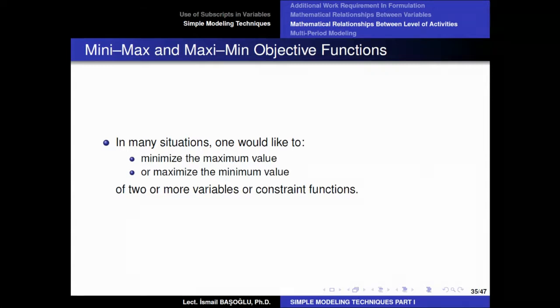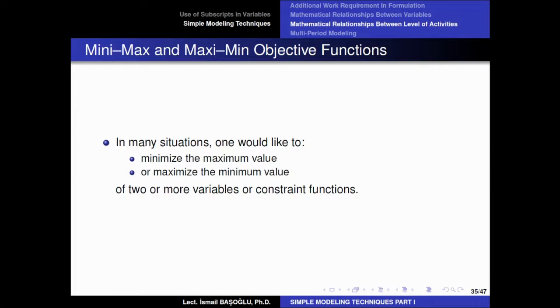A similar situation can also occur as the maximization of the minimum value. So you can say that there are several activities that we need to perform, but at least we need to spend a certain amount of time for the activity for which we spare the minimum amount of time.